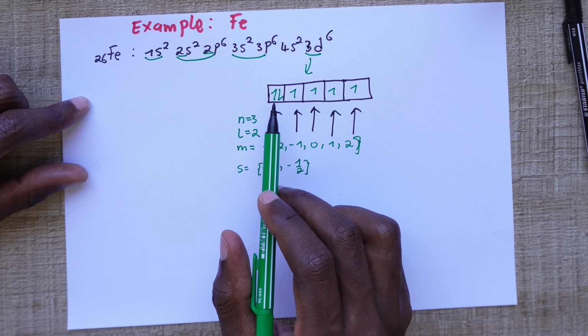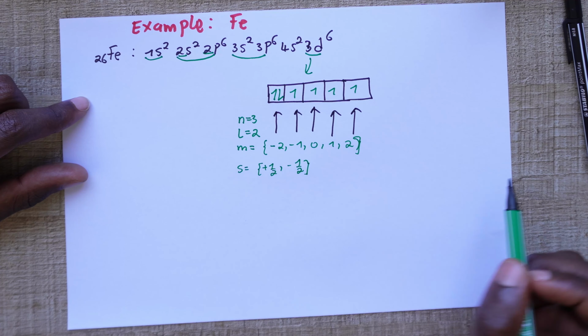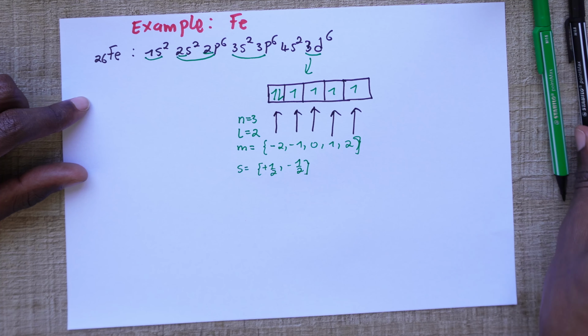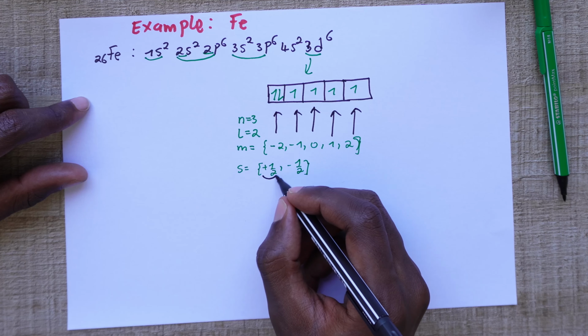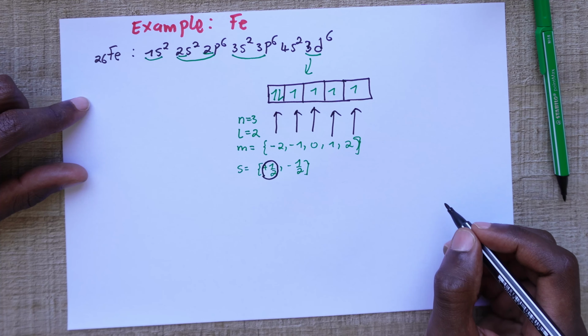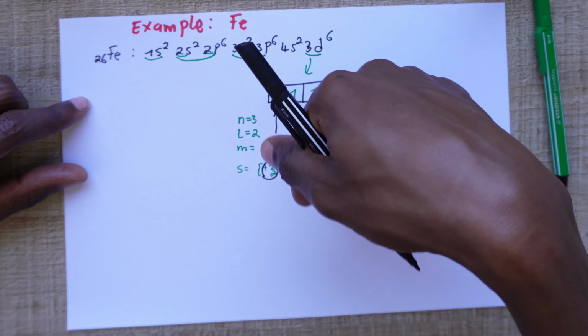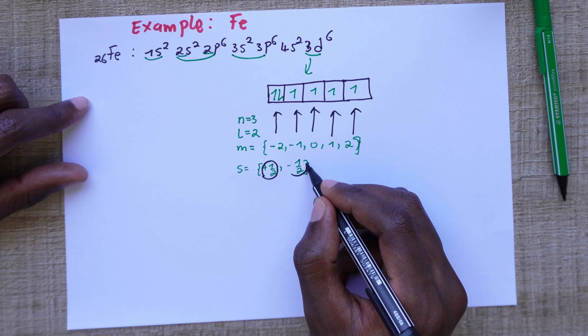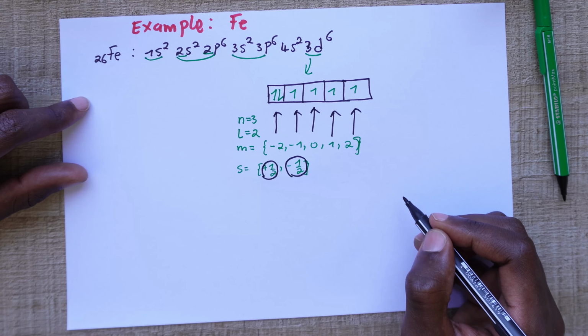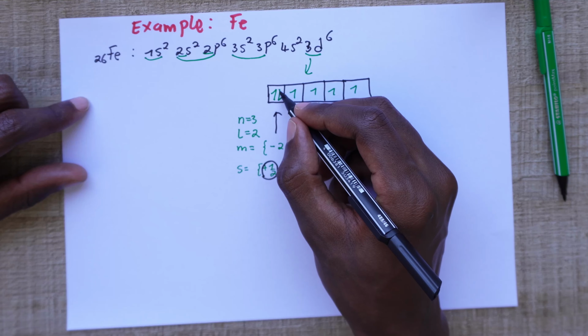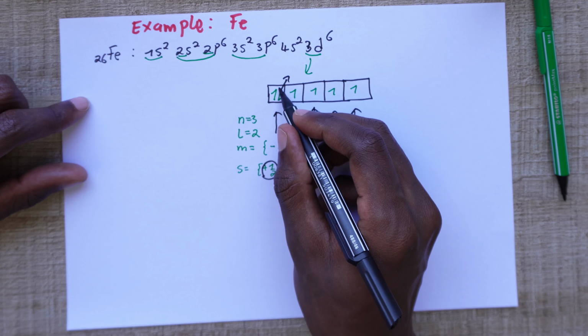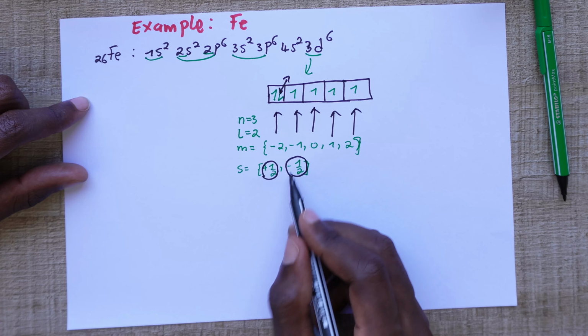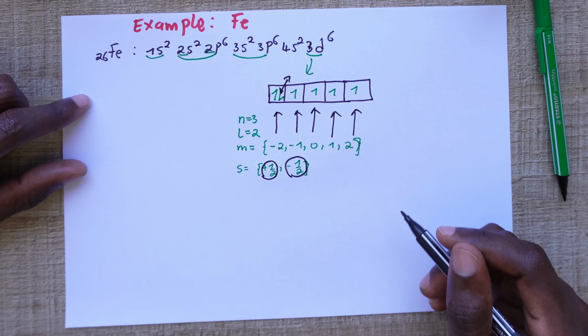So all the electrons that have arrows pointing upwards, like that, would have s equals plus half. And all the electrons that have arrows pointing downwards would have s equals minus half. For example, this electron here is going to have s equals minus half because it has an arrow pointing downwards.